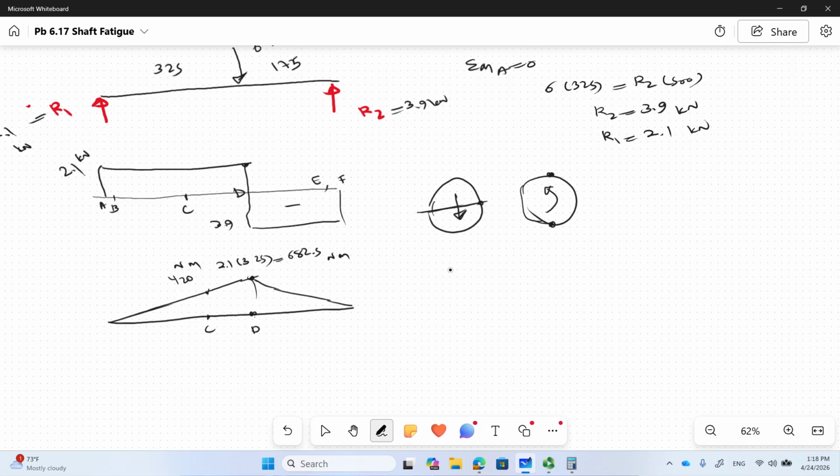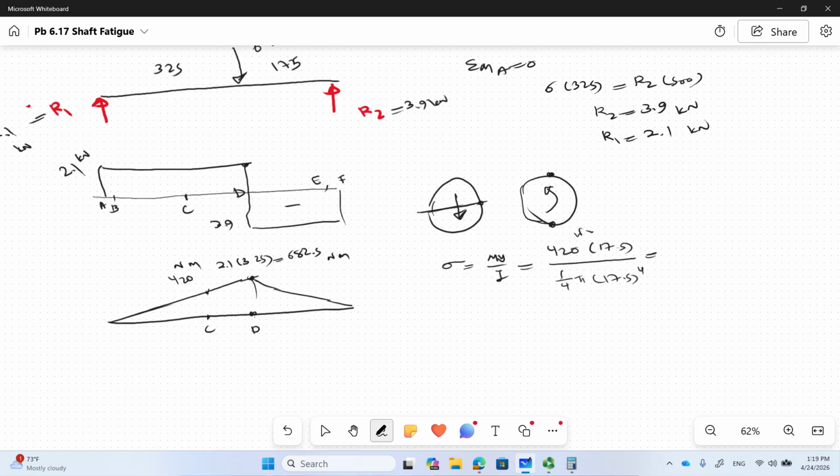The stress caused by moment is going to be Mc divided by I. How much is my moment at point C? 420. The diameter is 35, the radius is going to be 17.5, divided by one quarter of pi times the radius to the 4th.